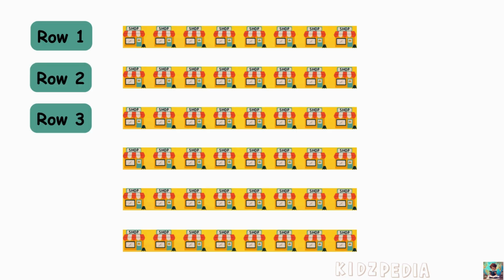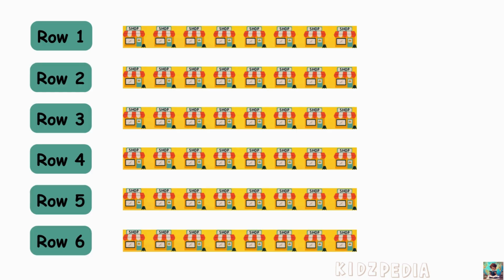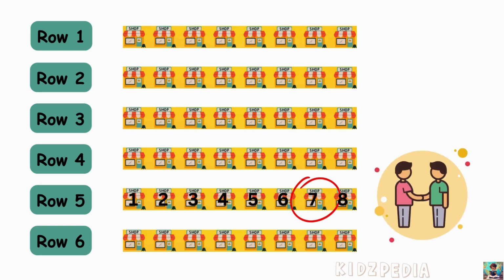So, let's count. 1, 2, 3, 4, 5. In that 5th row, count the shops one by one. 1, 2, 3, 4, 5, 6, 7. So, this is the 7th shop. That's exactly where you want to meet your friend at 6 p.m. So, this way, your friend can find the shop easily without getting lost.